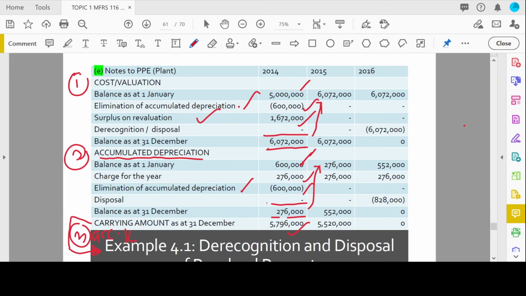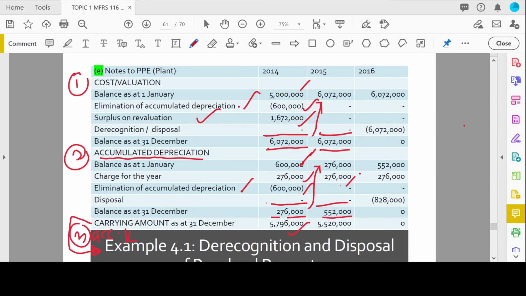The cost remains unchanged at 6.072, and the balance at the end of the year for accumulated depreciation now increases to 552,000. What happened to the carrying amount? 6.072 minus 552 is equal to 5.52 million.